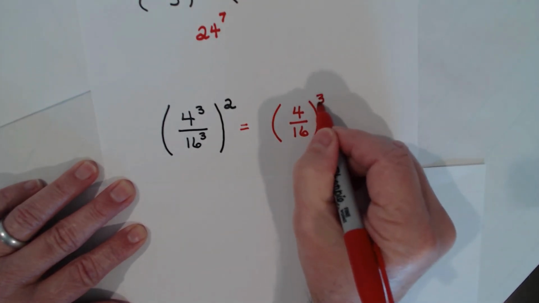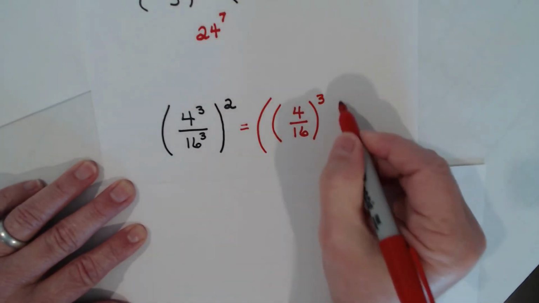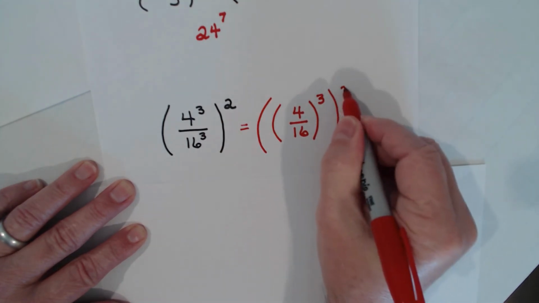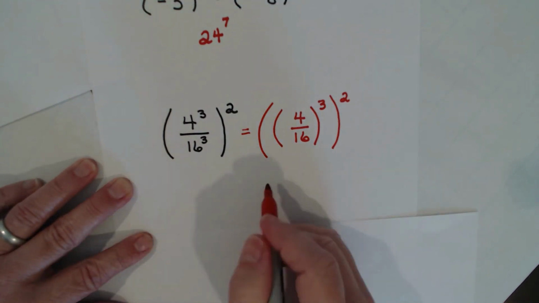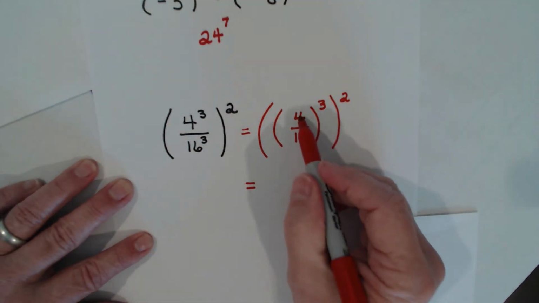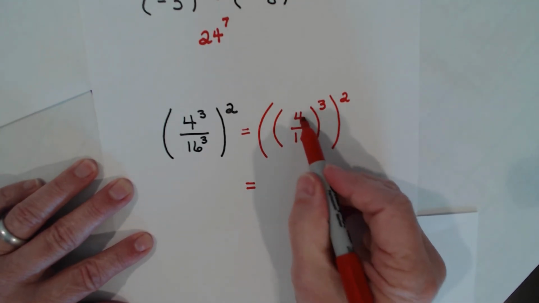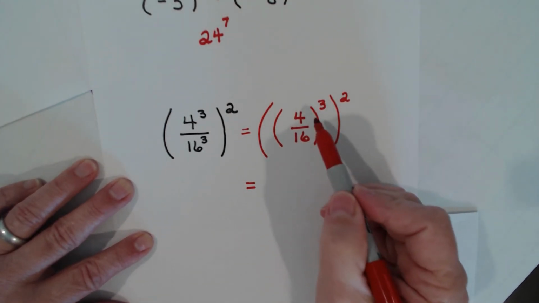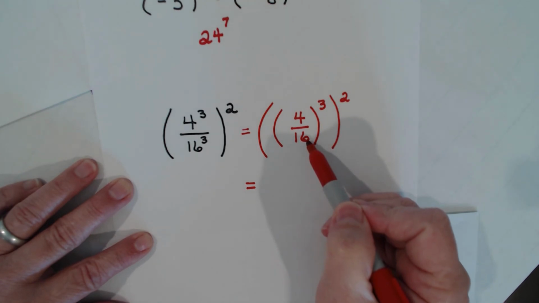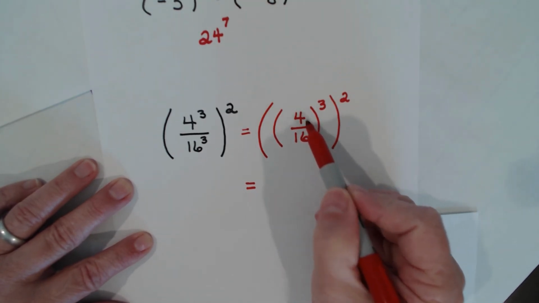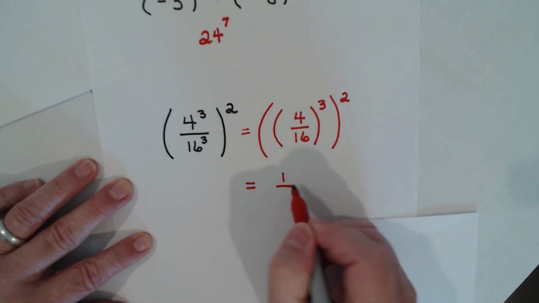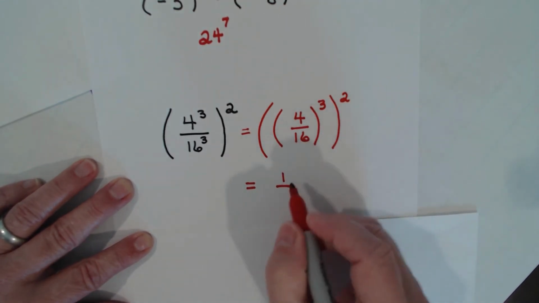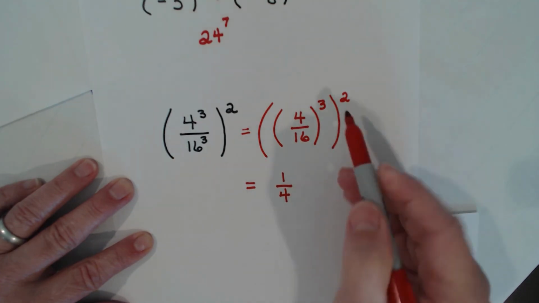Put this exponent on the outside, but look, I'm going to have another exponent, that 2 out there on the outside. I can't divide these, but I can reduce this fraction. What number will go into 4 and 16? 4. I divide both of those by 4. 4 divided by 4 is 1. 16 divided by 4 is 4.